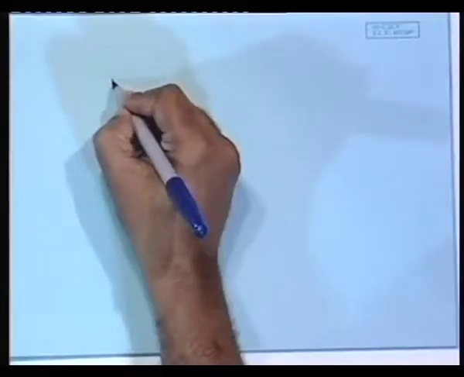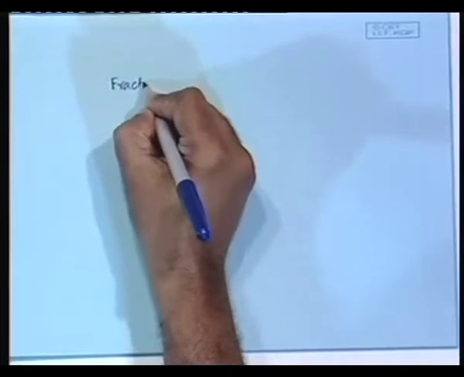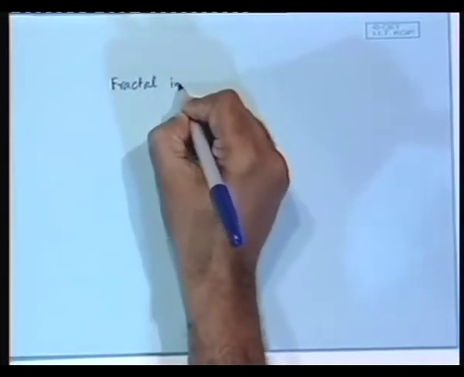So, the algorithm that the fractal image compression relies on essentially takes care of this affine redundancy, and tries to find out the minimum information necessary in order to store that image. So, here the idea is what we are dealing with is fractal image compression.